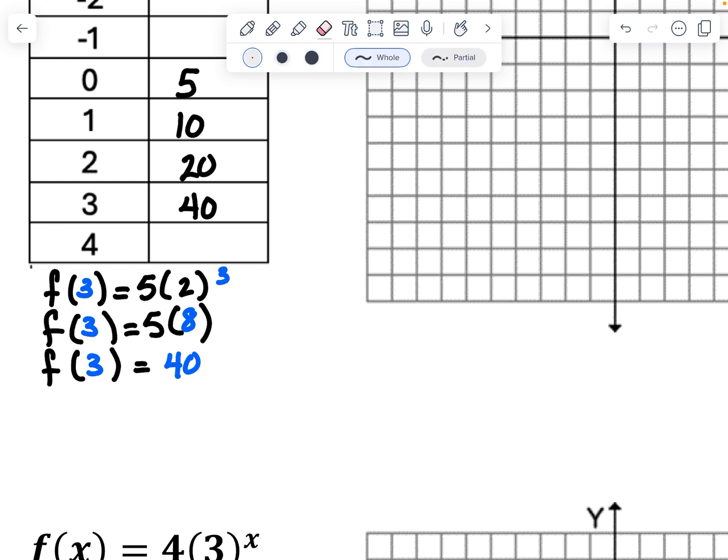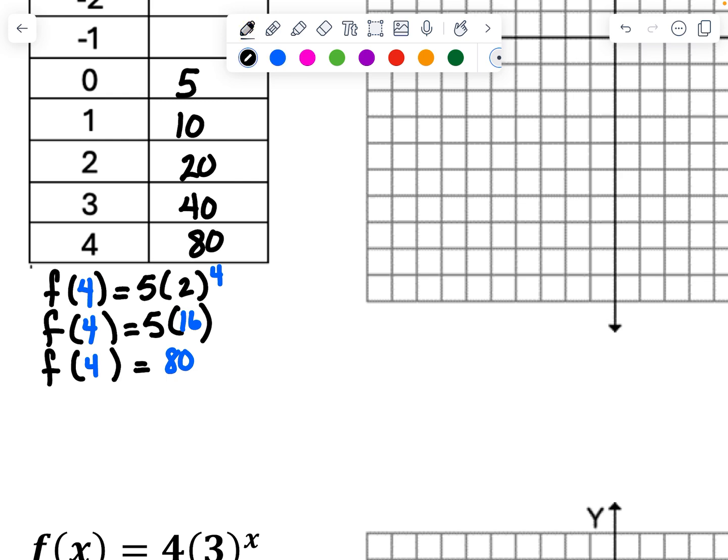Let's try it again, but this time, let x equal 4. So the power is 4. 2 times 2 is 4. 4 times 2 is 8. 8 times 2 is 16. And 5 times 16 is, you guessed it, 80.